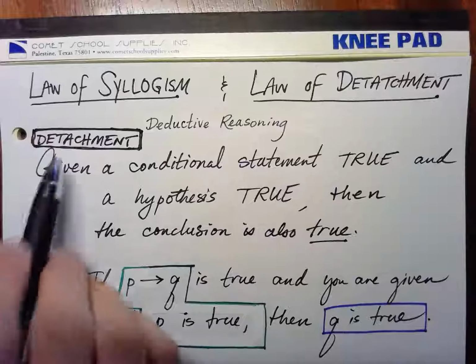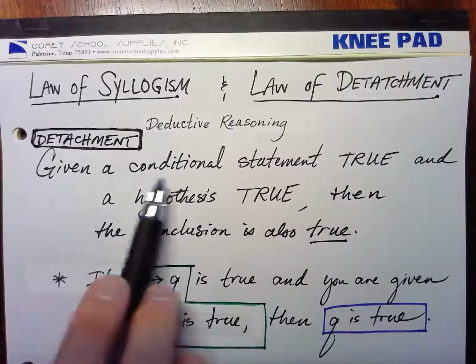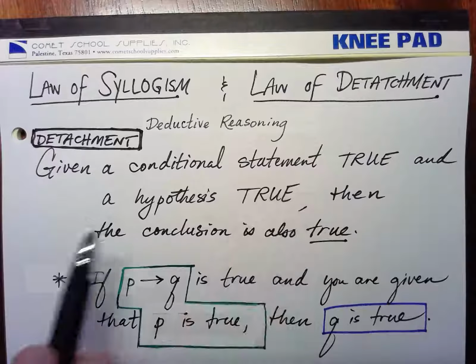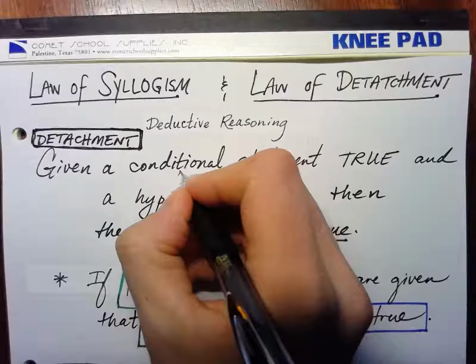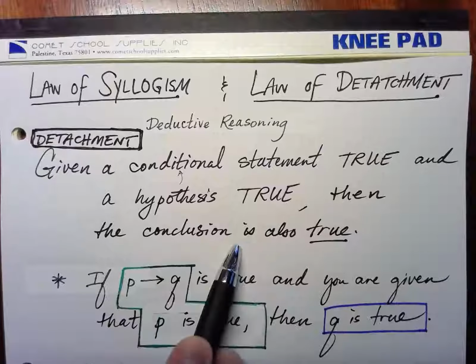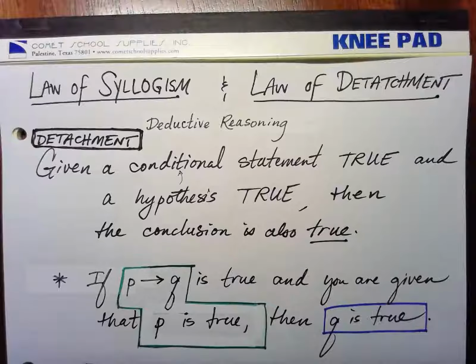The first one we're going to talk about is the law of detachment, which says if you are given a conditional statement that is true and a hypothesis of the conditional statement that is true, then the conclusion is also true. Okay? So let's think about this.